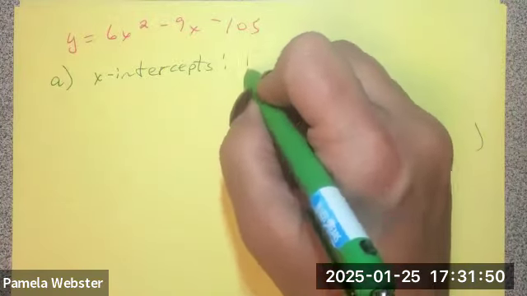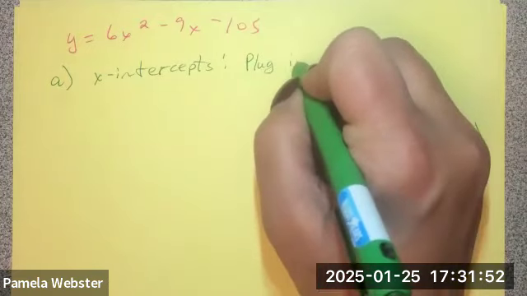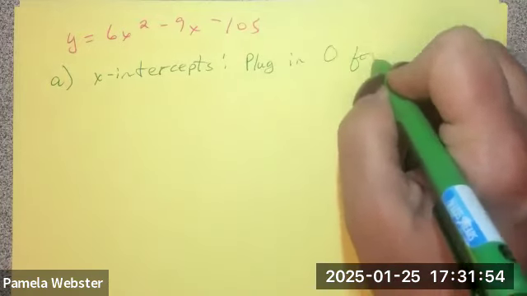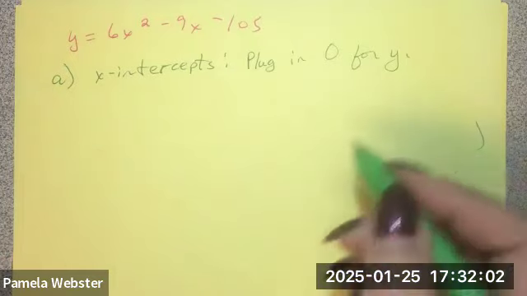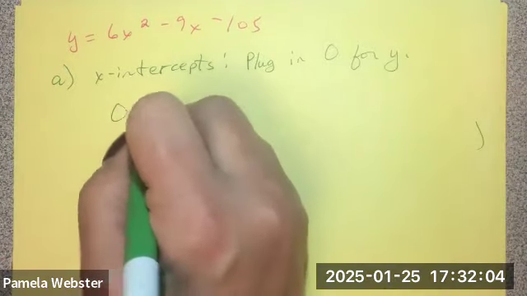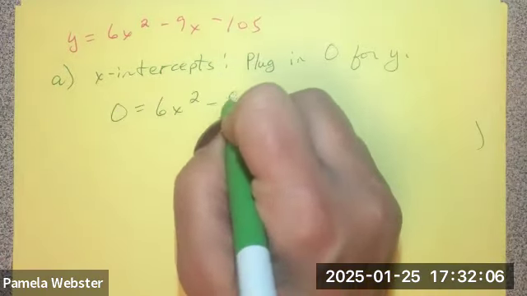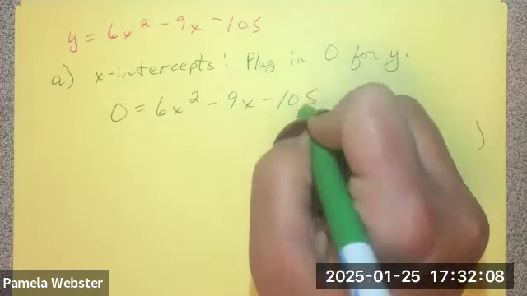And I want you to hear yourself saying, plug in 0 for y. Maybe that'll make you remember. Okay, so this is the part where last time we had to use the quadratic formula. I plug in 0 equals 6x squared minus 9x minus 105.